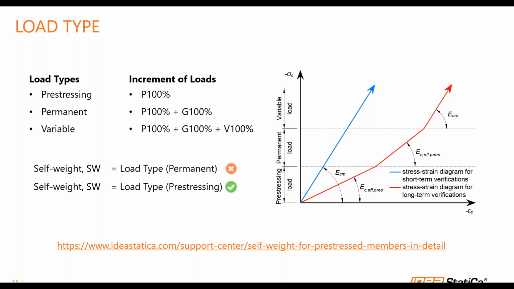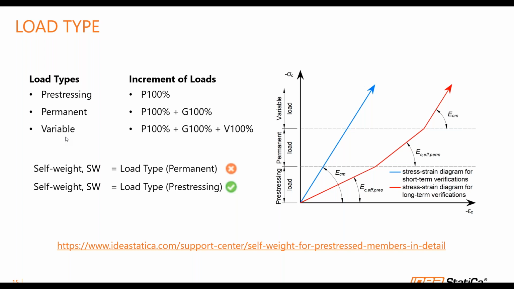One is pre-stressing, which is for increment P, and permanent for increment G, and variable for increment V. So if you create a load combination of each containing load types, the whole portion of pre-stressing load type will be applied into the first increment P. And the same goes with the whole portion of permanent load type for G, which will be applied into permanent load case, and so on for variable load types.